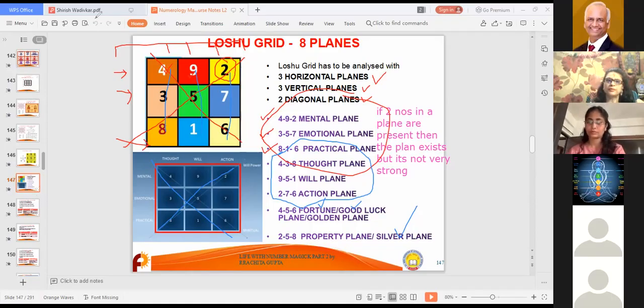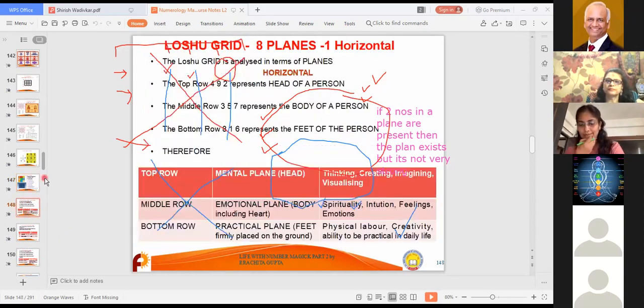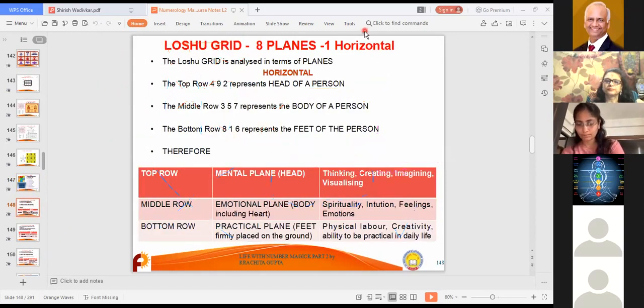Now I will talk a little bit about all the different planes, the description of the planes. The horizontal 492 represents the head of a person. The middle one represents the body of a person. This is important.